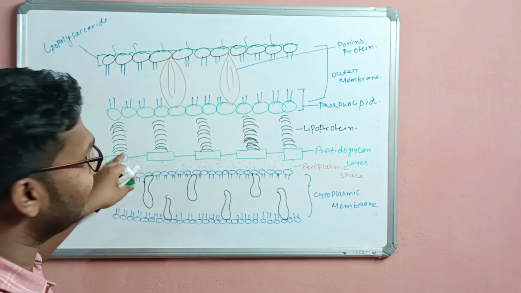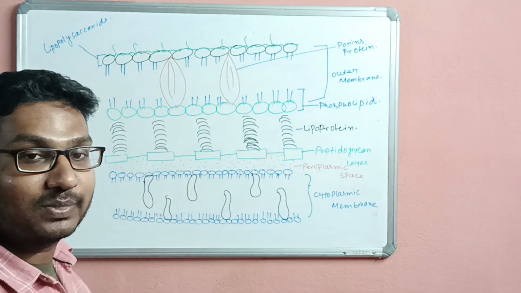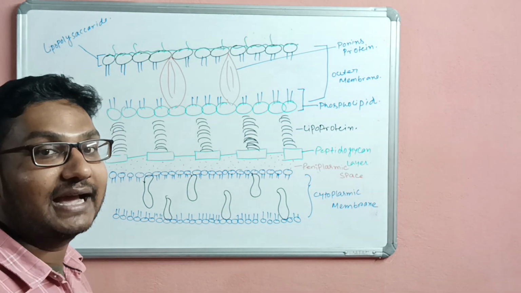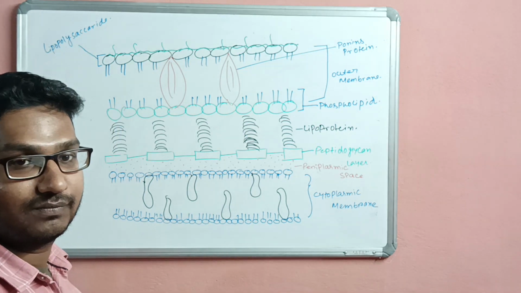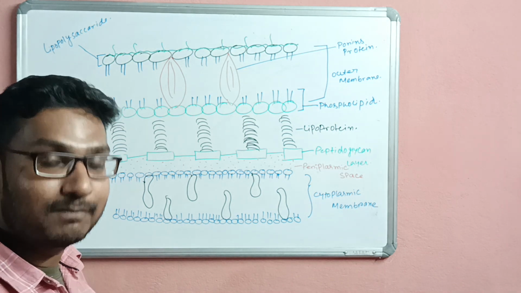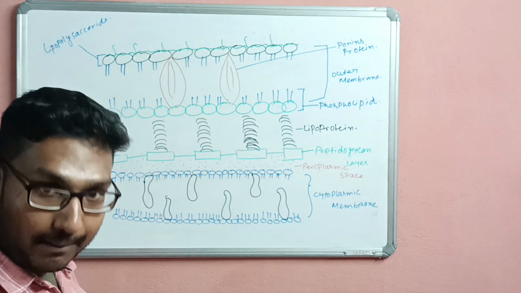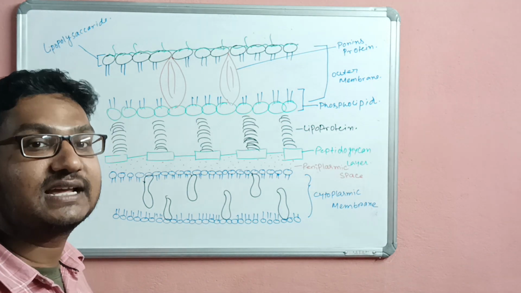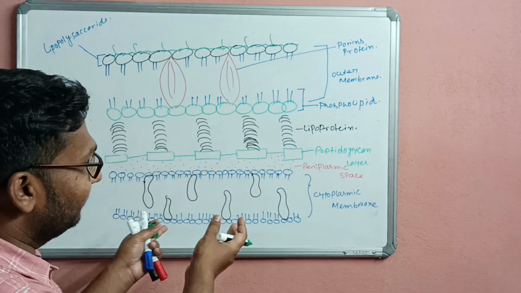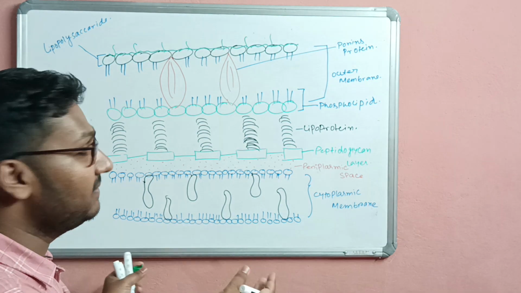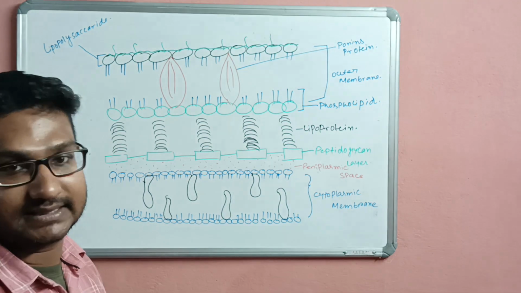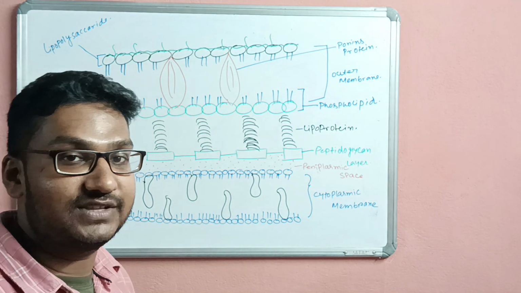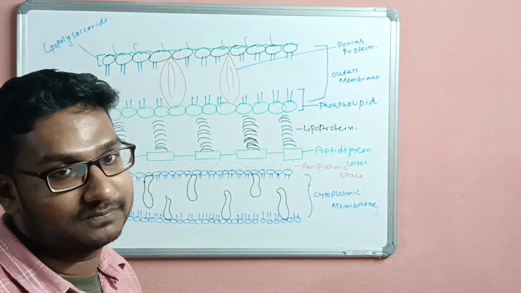This will be very helpful when I discuss the gram staining procedure, how it happens and why the bacteria take different colors. That picture will help you understand easily. Okay, clear? So this much is enough. Thank you.